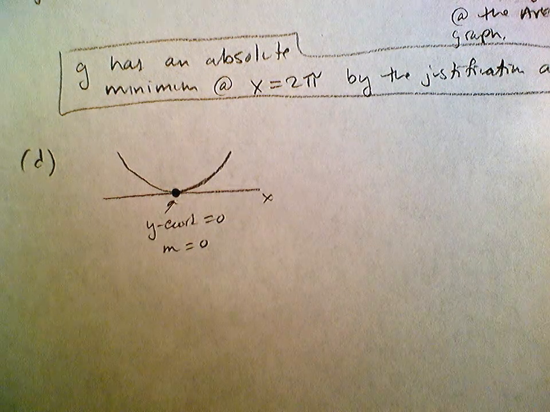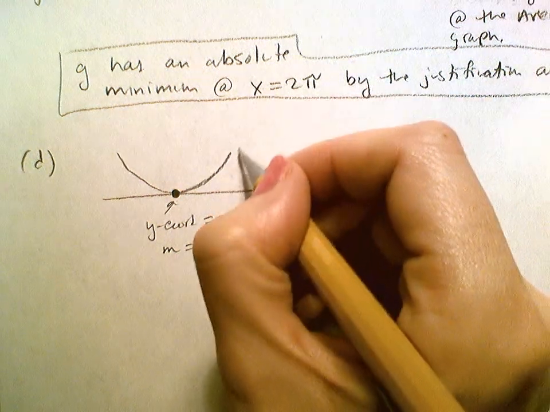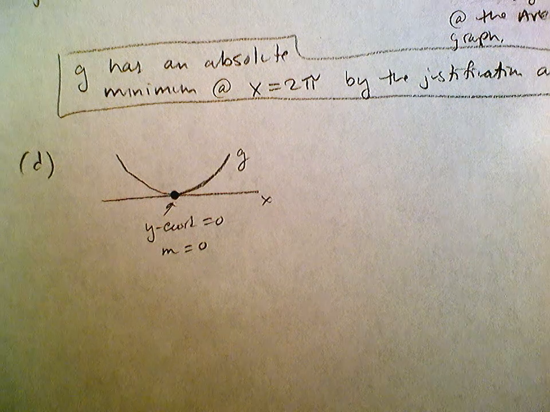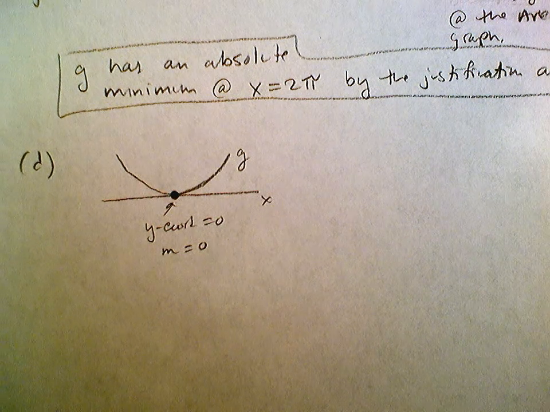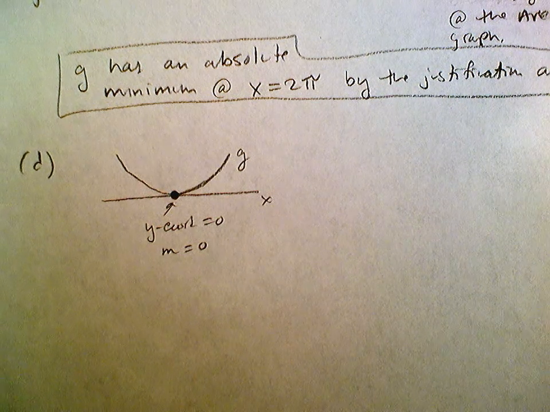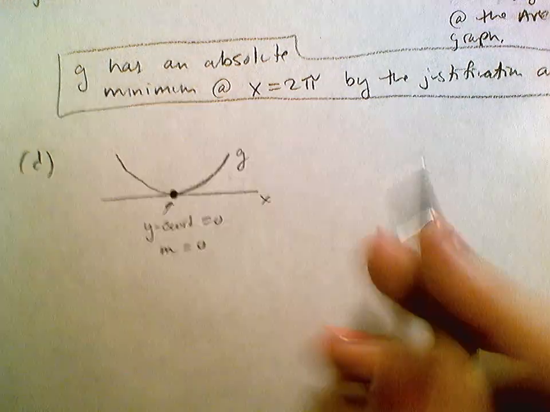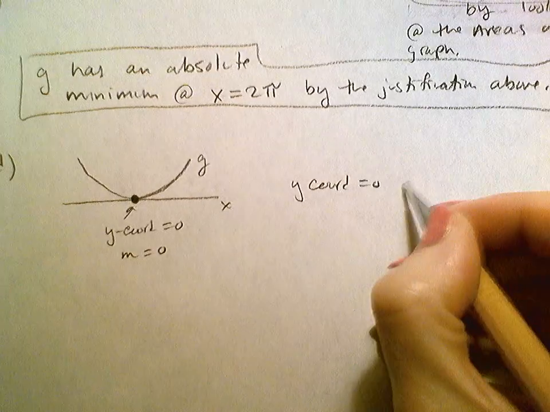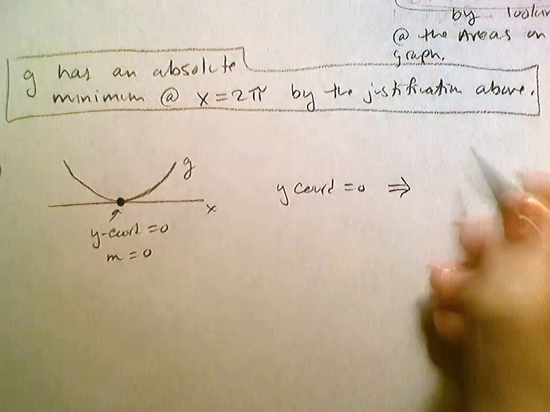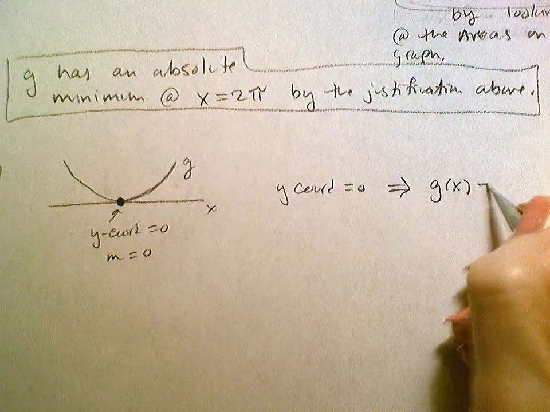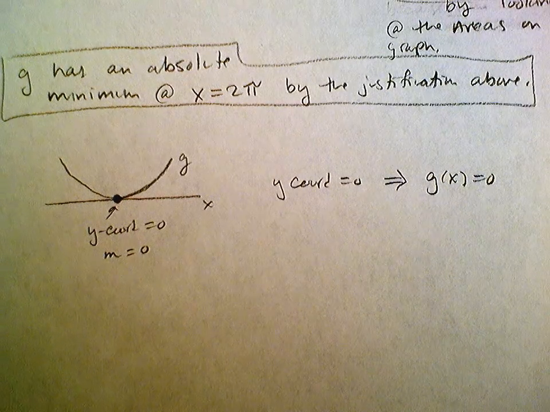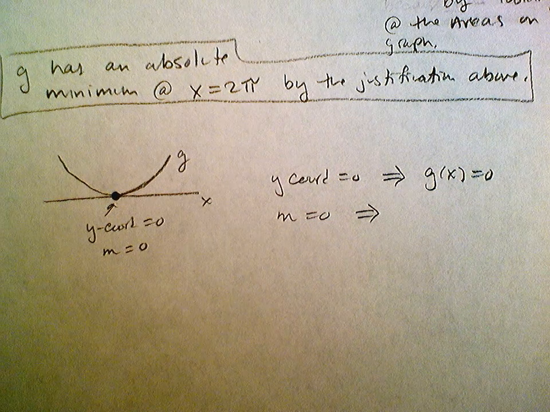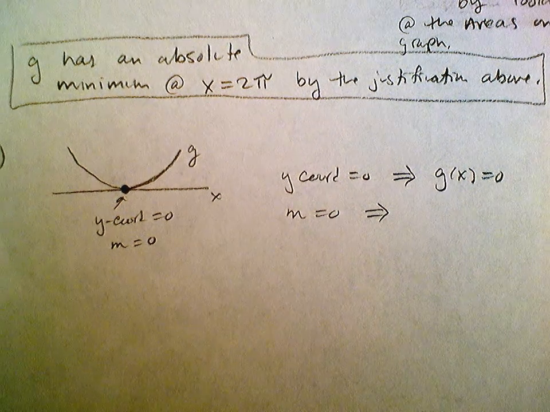And this is just a sketch. Pretend that it's g, because they're asking us, is there a value of x at which the graph of g is tangent? All right. Well, what does that mean, guys? Y coordinate equals 0. That would mean g of x equals 0. And slope equals 0. All right. Slope equals 0.